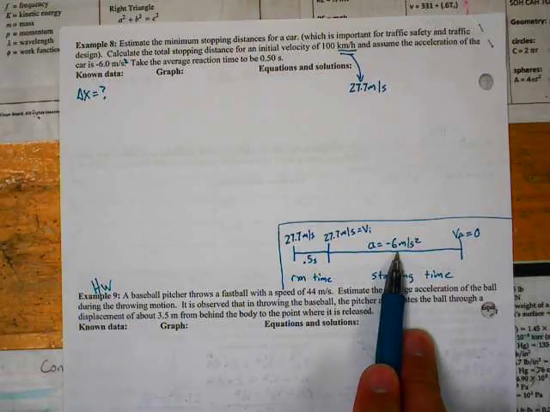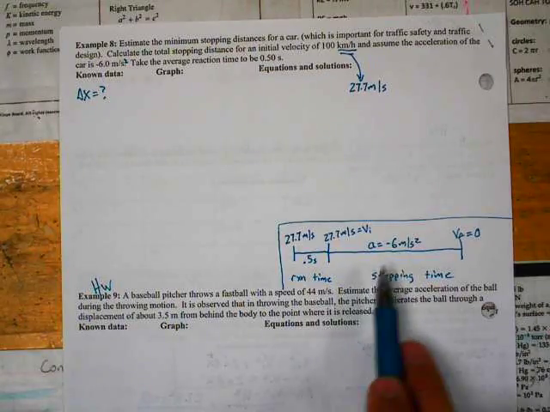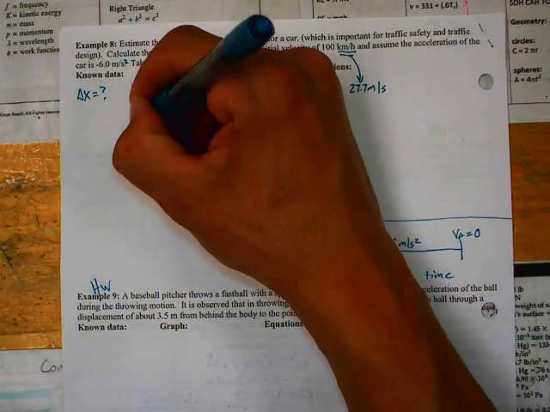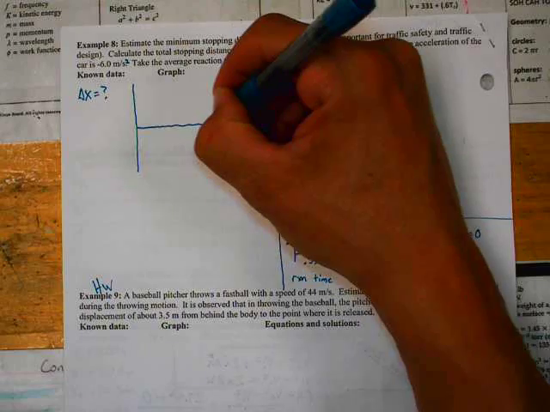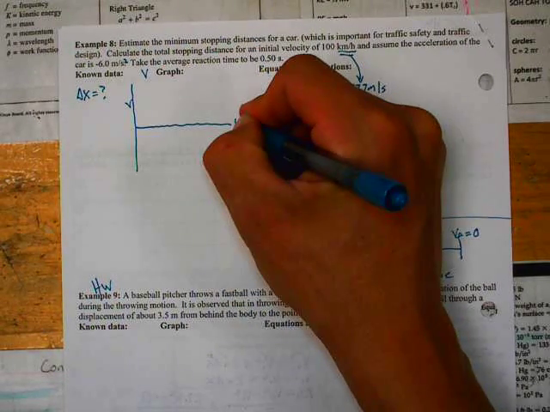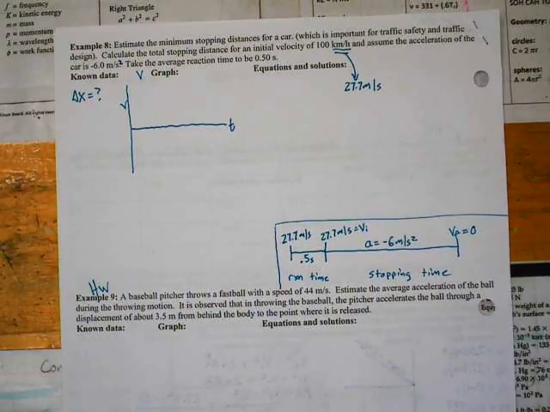To help us out with that, before we start doing a bunch of equations, let's do the VT graph. What's that going to look like?